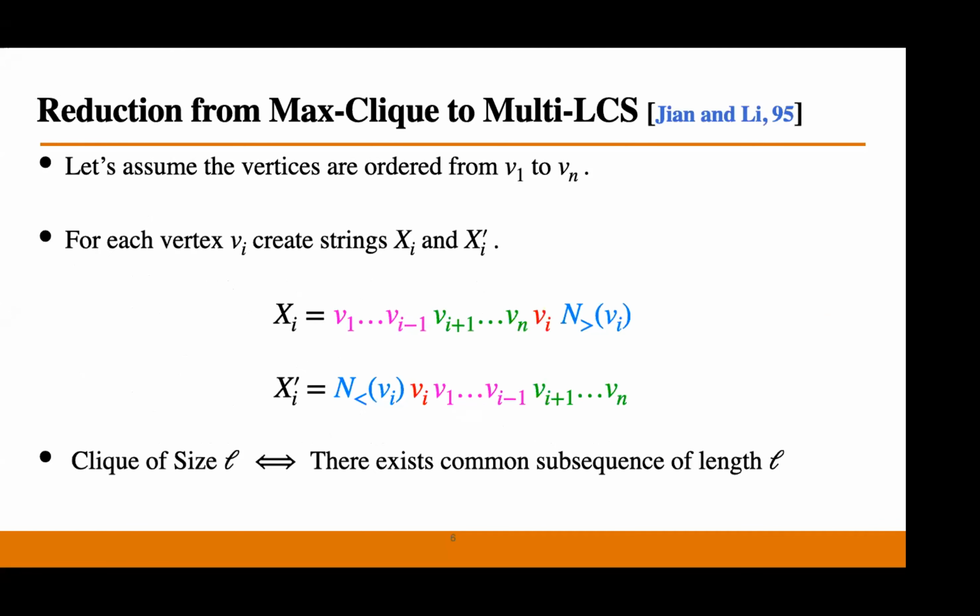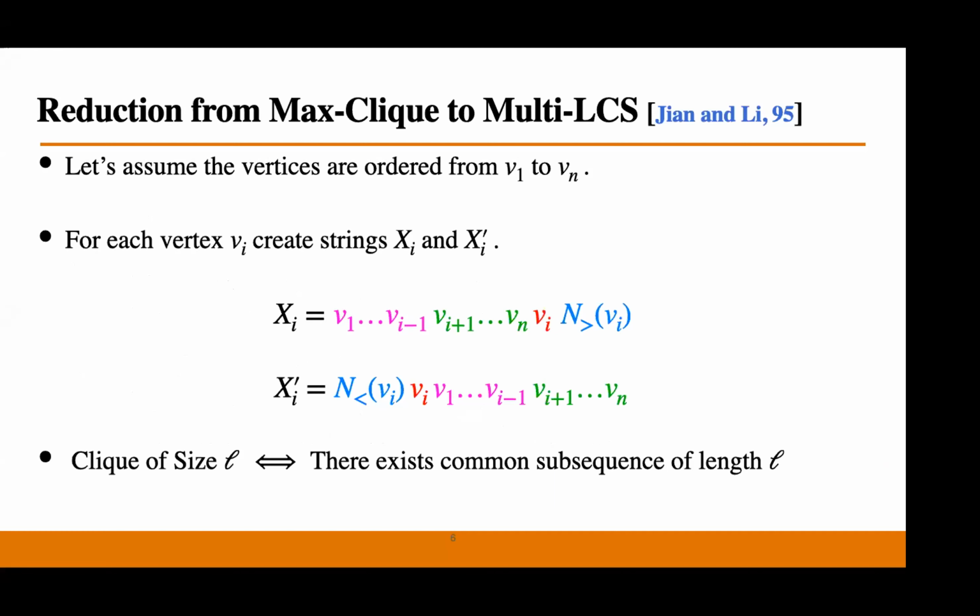So we start with a reduction from max clique to multi-LCS, which was given by Jiang and Li. Let's assume that the vertices are ordered from V1 to Vn. For each vertex Vi, we create strings xi and xi prime.